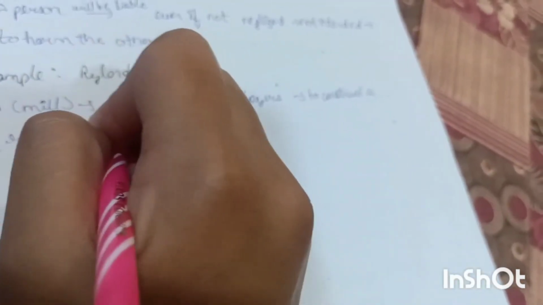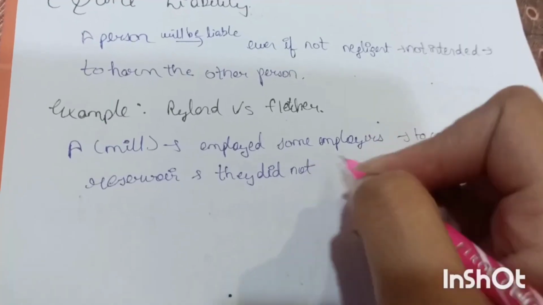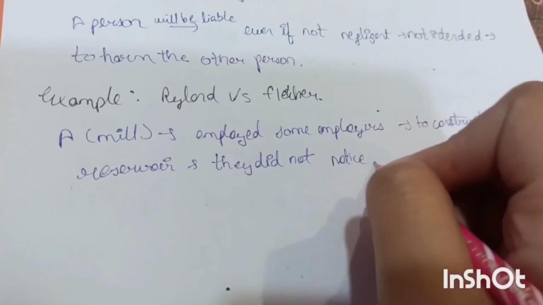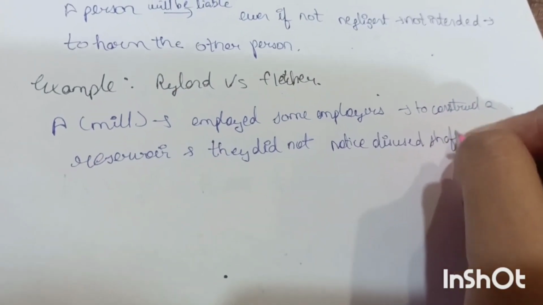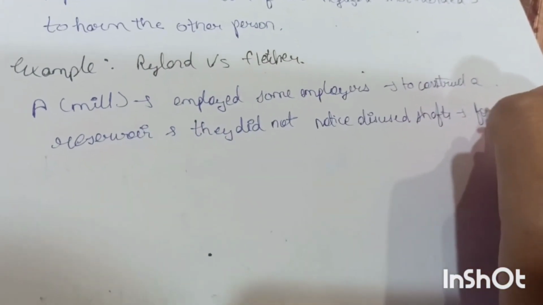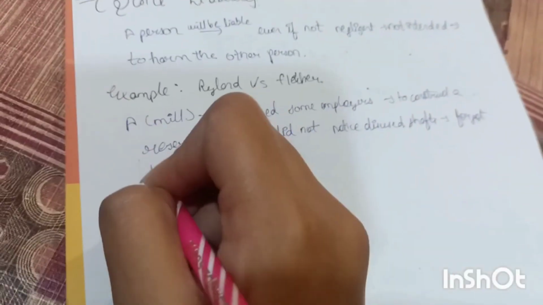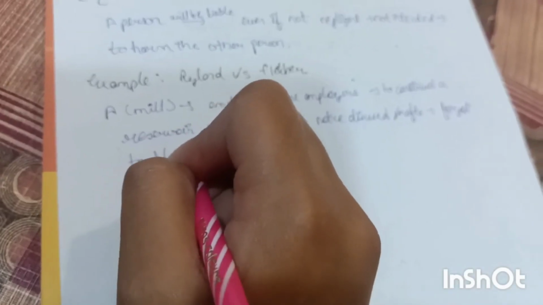While constructing, they did not notice disused shafts and forgot to block them.